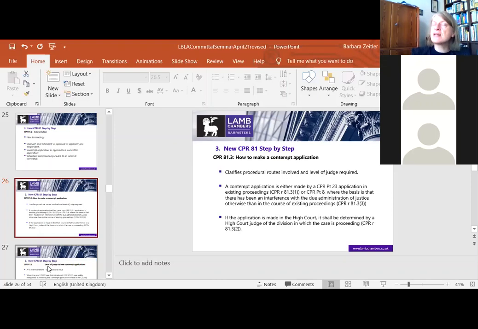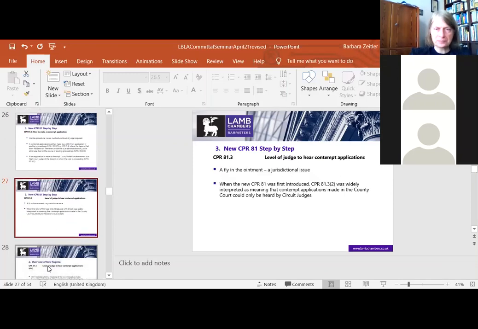And if it's otherwise than in existing proceedings, CPR 81.3 makes it clear that you use the Part 8 procedure.